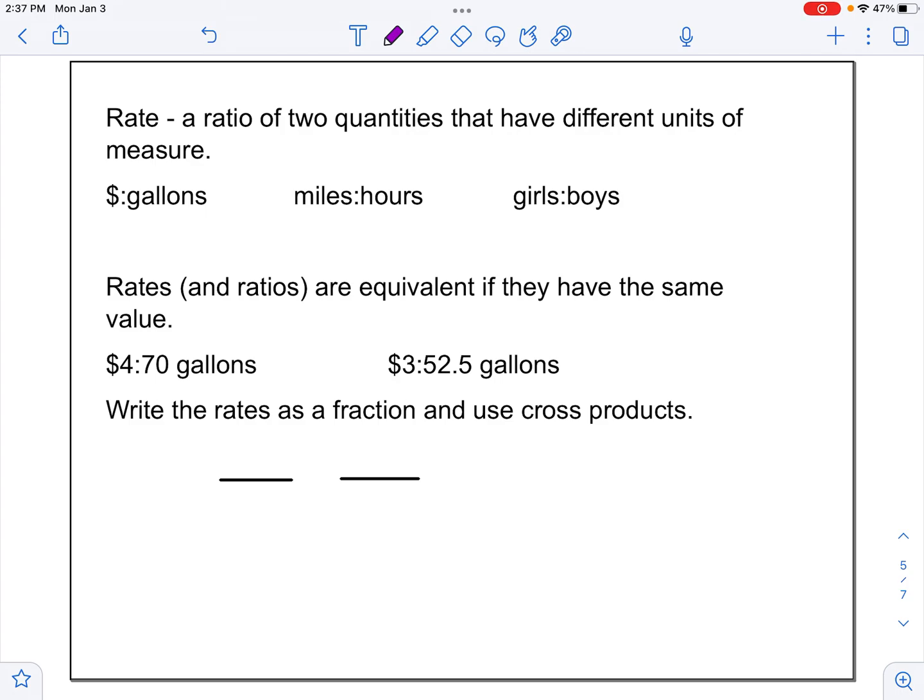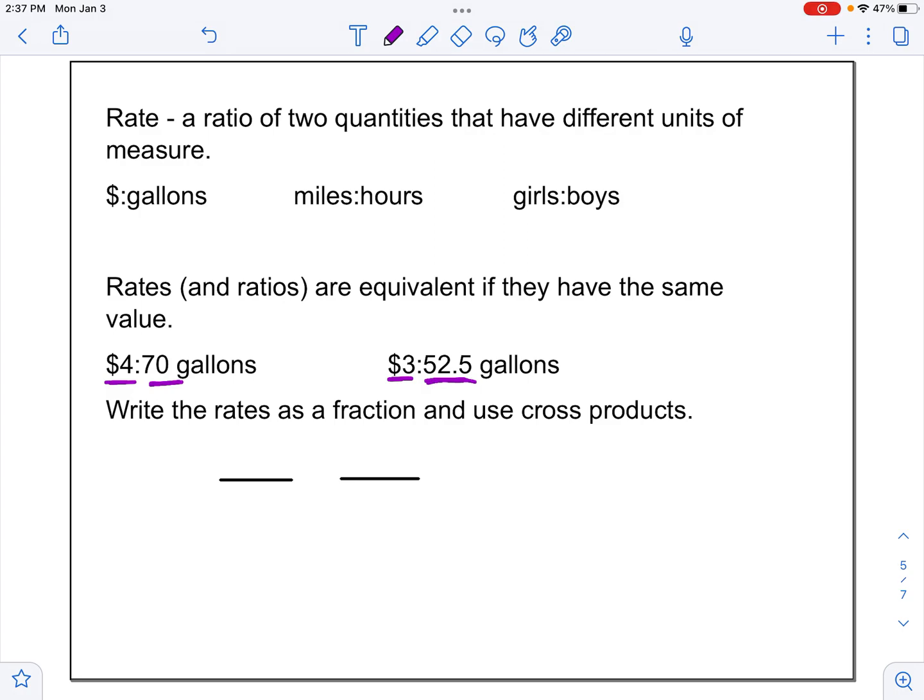So if I'm looking at these two comparisons, the first one is $4 to 70 gallons. Well, that's a comparison of dollars to gallons. And here I have another comparison of $3 to 52 and a half gallons.